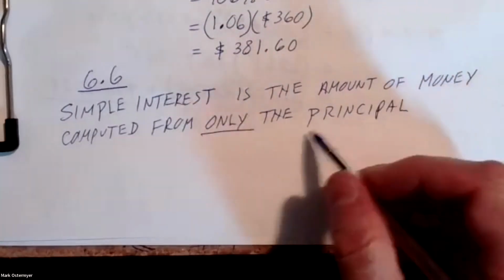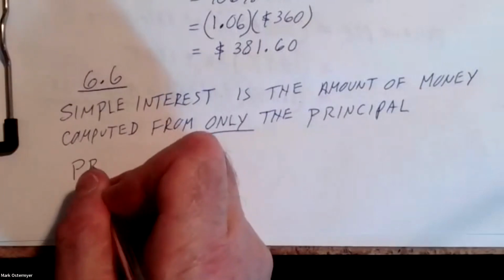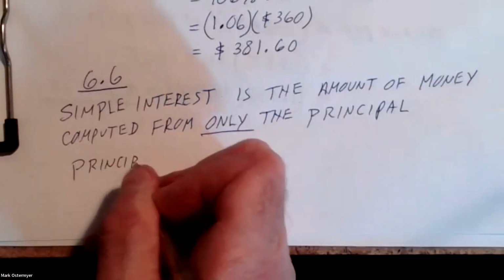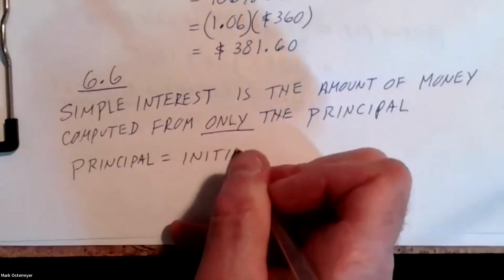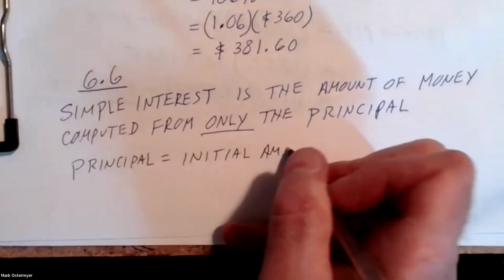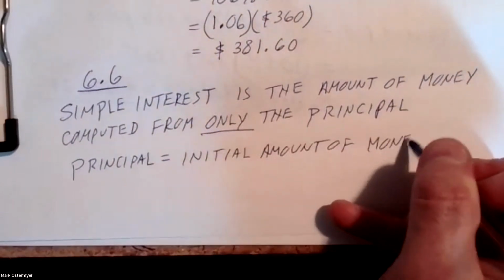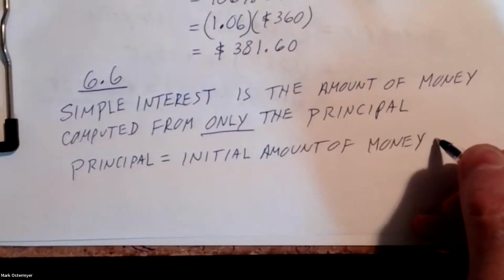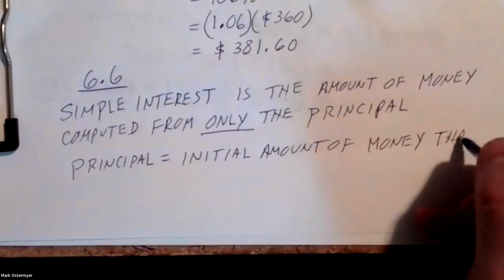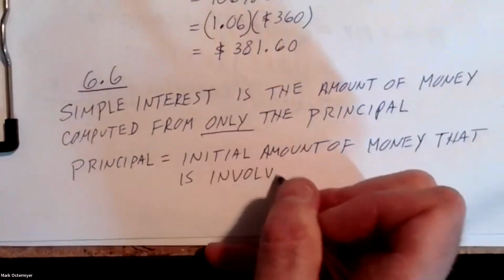What's this thing called principal here? Principal is the initial amount, the initial amount of money that is involved in a situation.